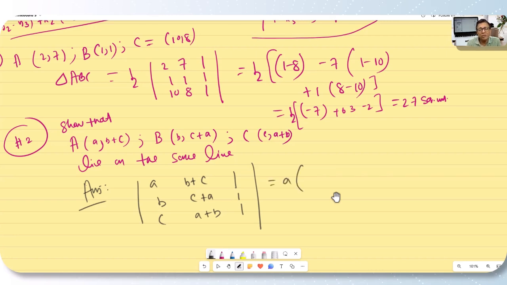A into (C plus A minus B minus B plus C), B minus C, 1. Just expanding in terms of the first row, 1 into AB plus B square minus C square minus AC. This will get cancelled.